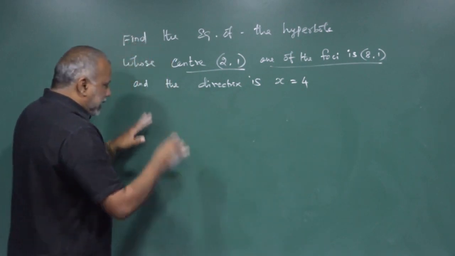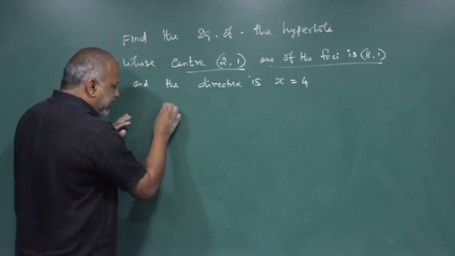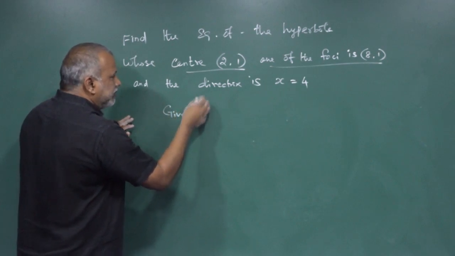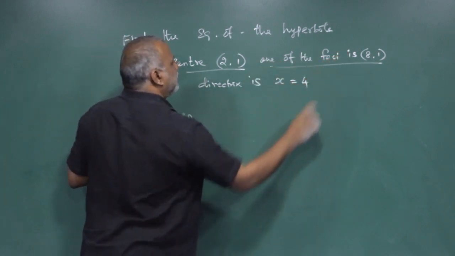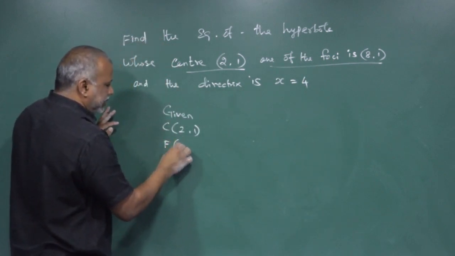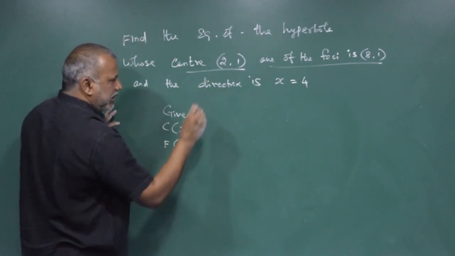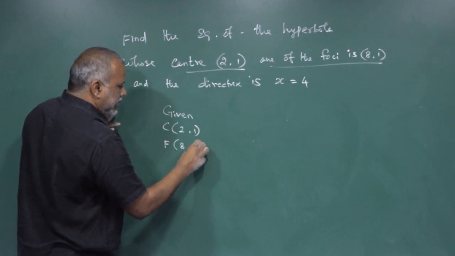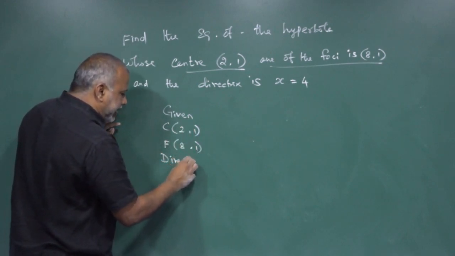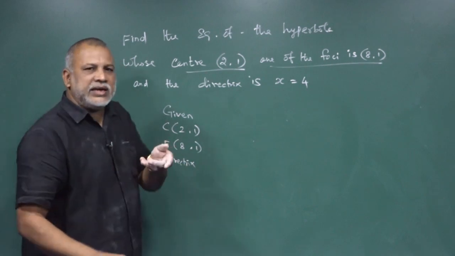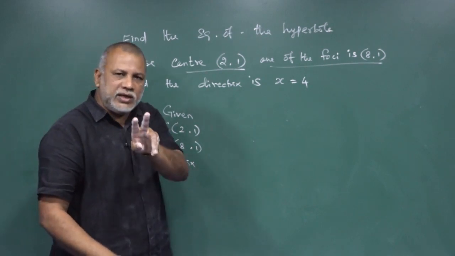So now listen students, select what are the given data. Given center 2, 1. One of the foci, I can select F. I am giving the name F myself. 8, 1. Equation of the directrix. Generally we say directrices, it's a plural. We are having two directrices.